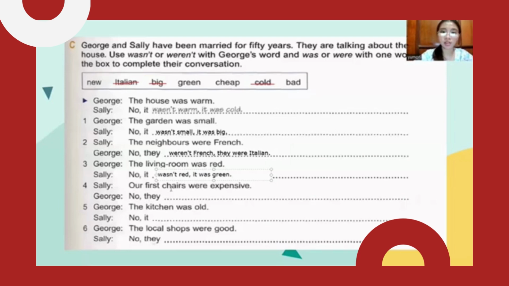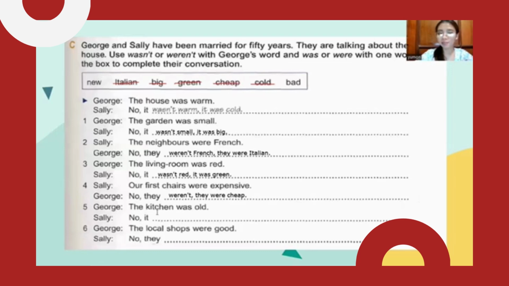So you cross out the green in the box. Okay? And number 4. Our first chairs were expensive. But George said, no, they. So, no, they weren't. Yes. Comma. So, the chairs, plural now, right? So, they were cheap. Okay, so we use cheap.